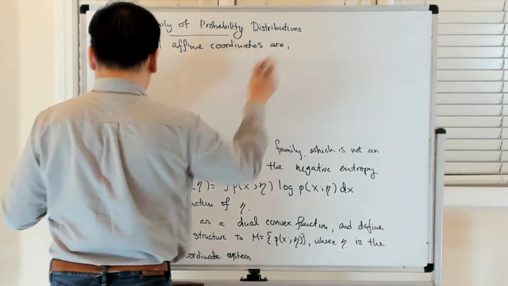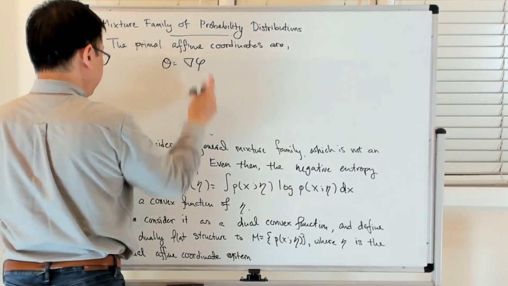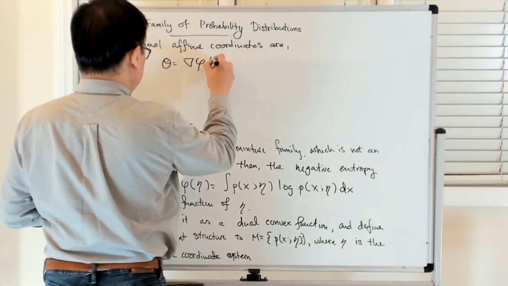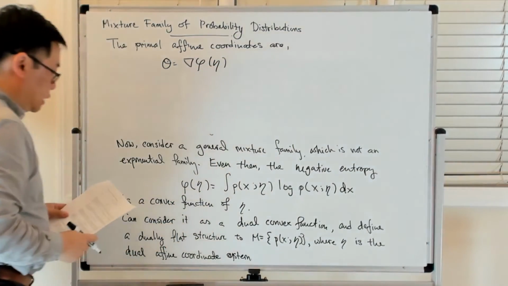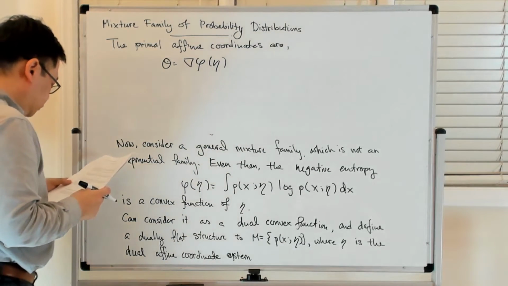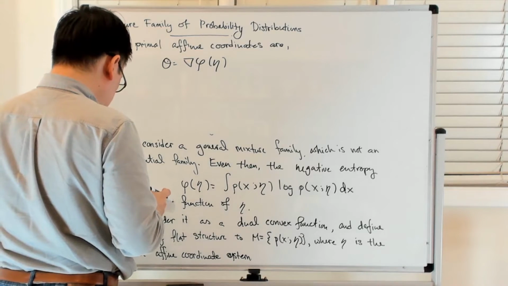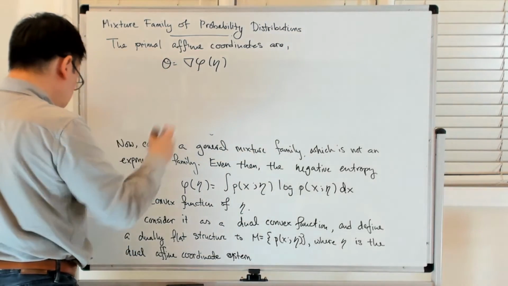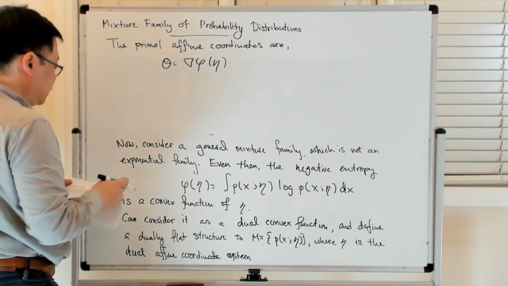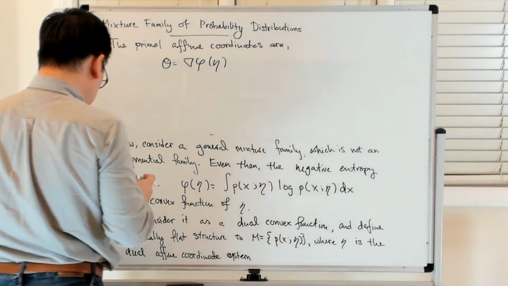Let's call it theta, which is the gradient of this negative entropy evaluated on the dual affine coordinate system, eta.